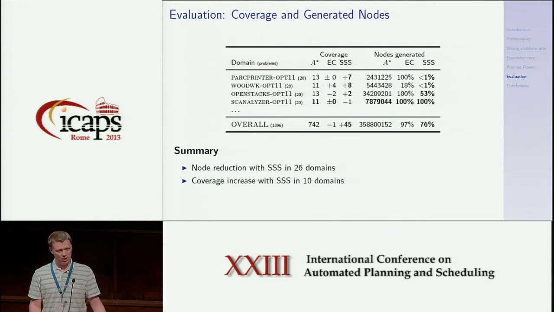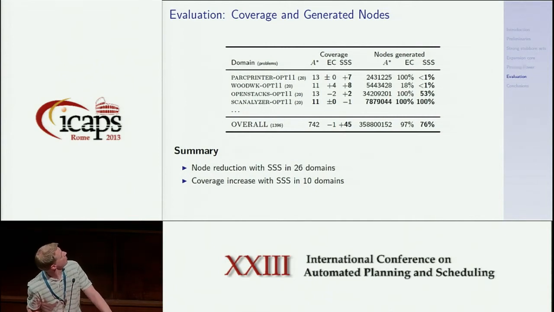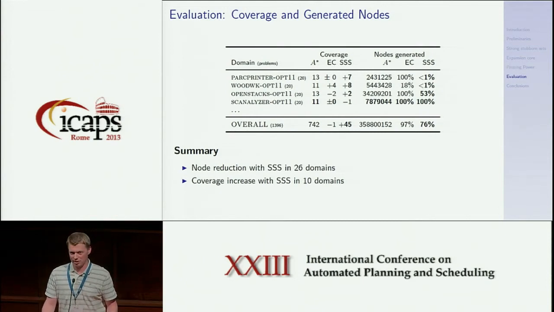These are all problems from the last IPC where the coverage of expansion core and strong stubborn sets differs. And what we observe is that in some cases, in the extreme case, in the Parc Printer domain and also in the Woodworking domain, the effect of strong stubborn sets is pretty significant.